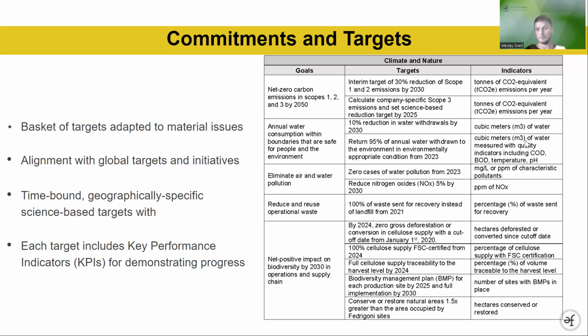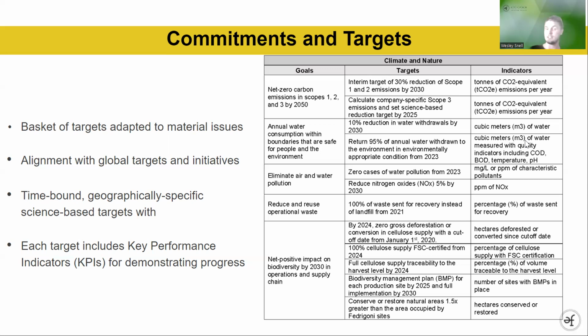So for example, at the very bottom, you see for biodiversity that there are a basket of targets on zero deforestation commitments, transparency in the supply chain, biodiversity management plans for sites, and investments in conservation or restoration efforts. All of those things need to be addressed in order to demonstrate a net positive impact on biodiversity.